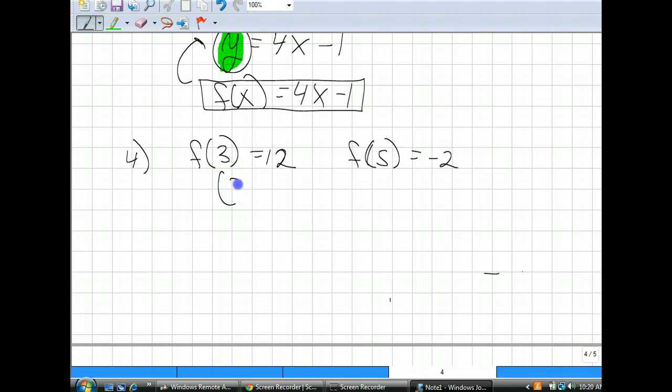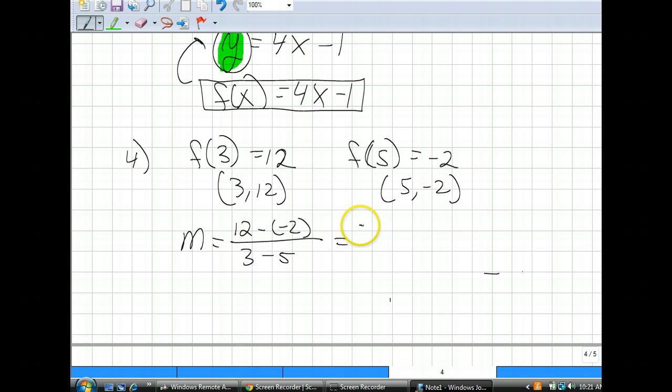So really what they're giving me here is two points. Alright, so we have (3, 12), and we have (5, -2). So first thing we have to do is find the slope. So we have 12 minus negative 2 over 3 minus 5, which is 12 plus 2 over 3 minus 5, or 14 over negative 2, which is going to be negative 7.